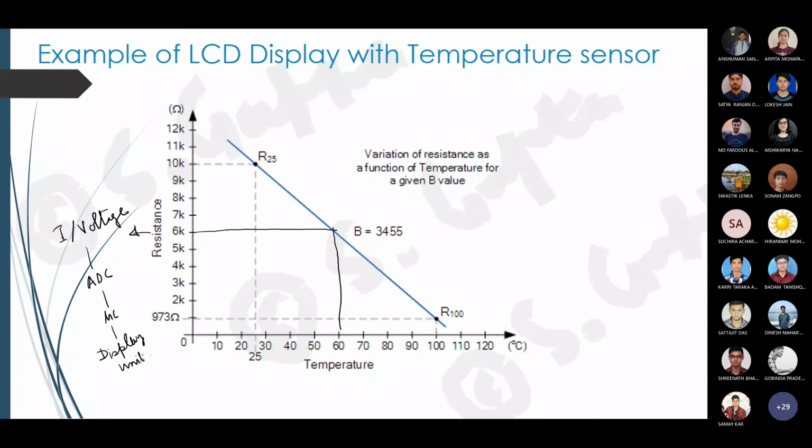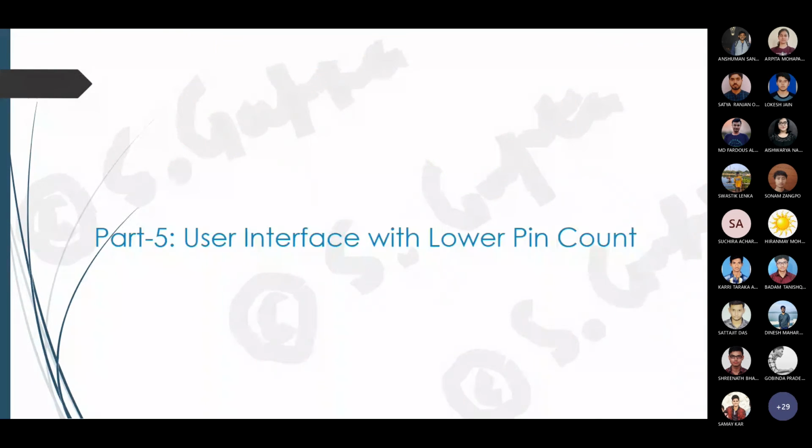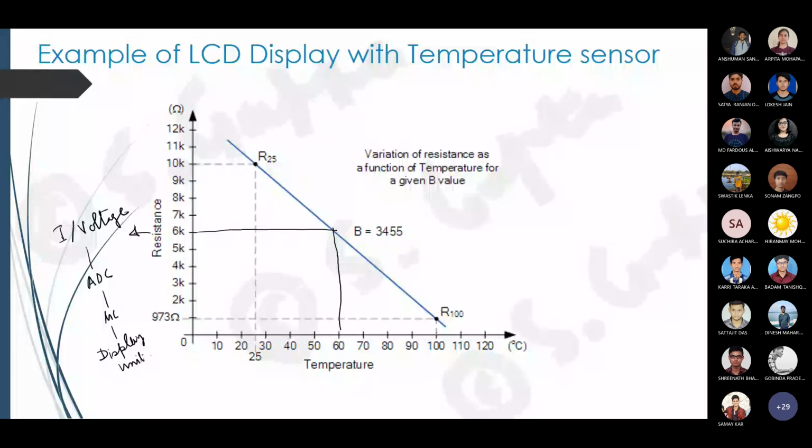Okay. Is that clear how we can go with the different operations? So every sensor will have a transfer characteristic.